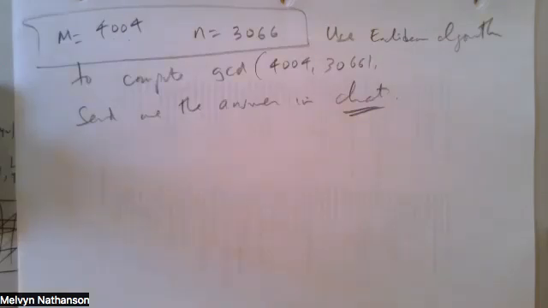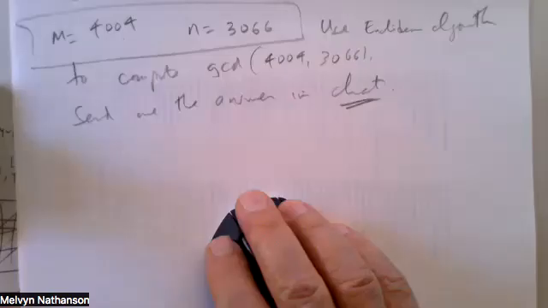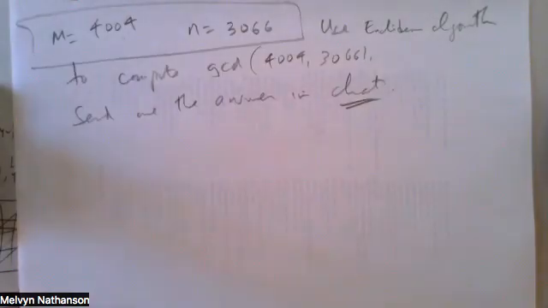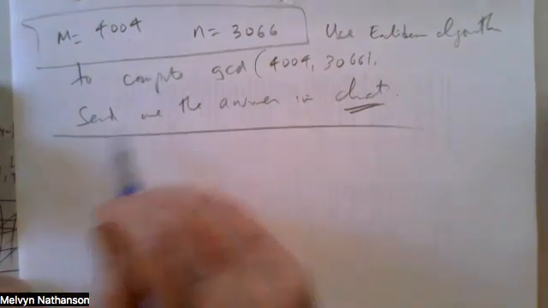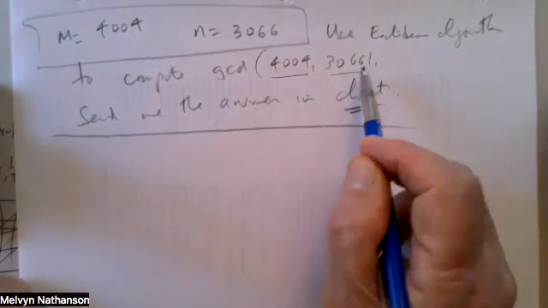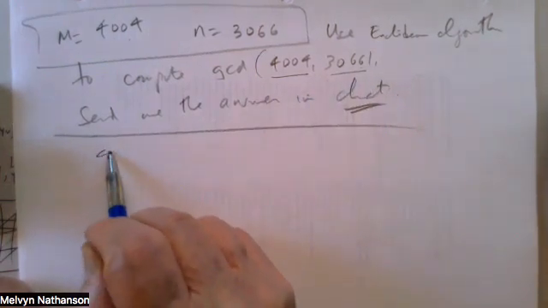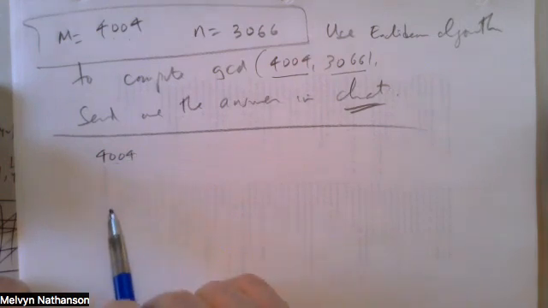And let me pause while you're working on the problem. All right. How do we do this? Here are the two numbers, 4004, 3066. So take 4004.